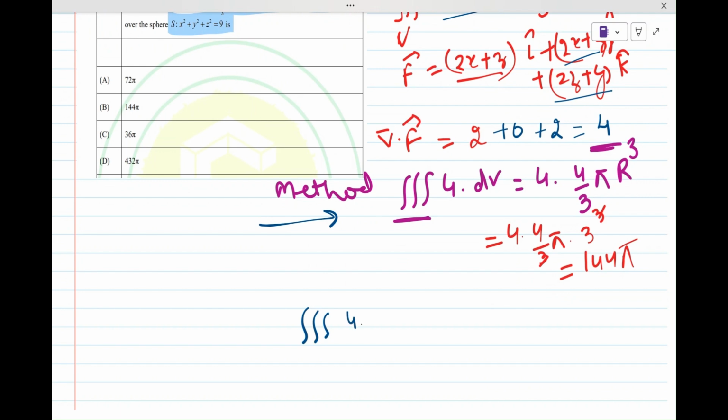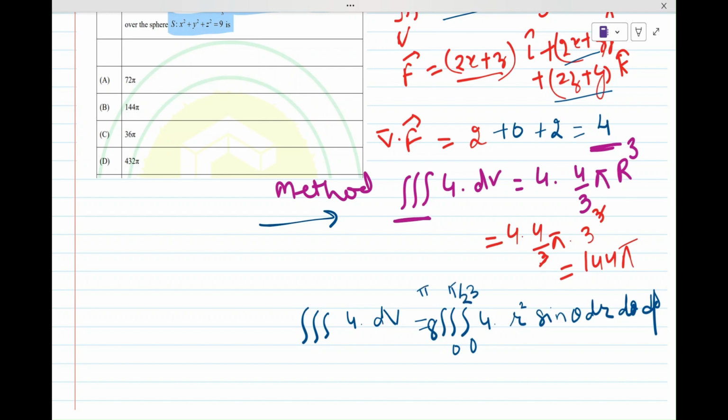That is 4 into dv, now dv, that is dx dy dz, converted to spherical polar coordinates is r square sine theta dr d theta d phi. If we are taking the first quadrant, then we are going to multiply it by 8. The limits are 0 to 3, 0 to pi by 2, 0 to pi by 2.